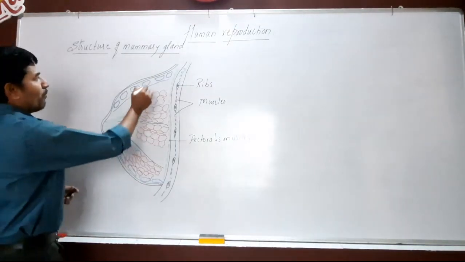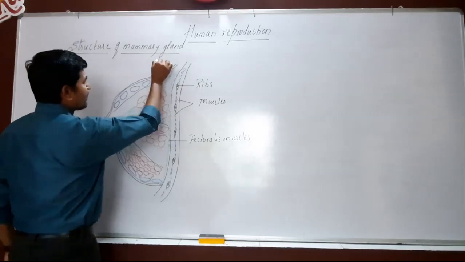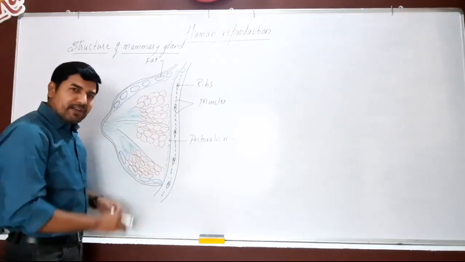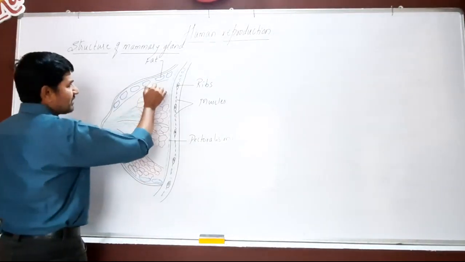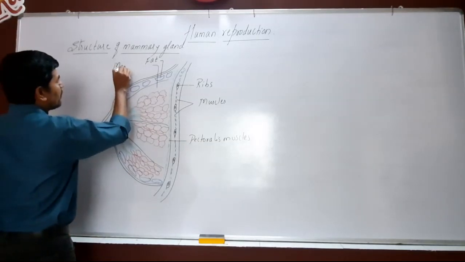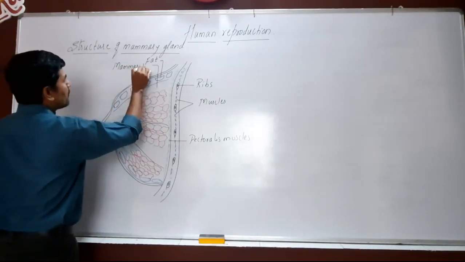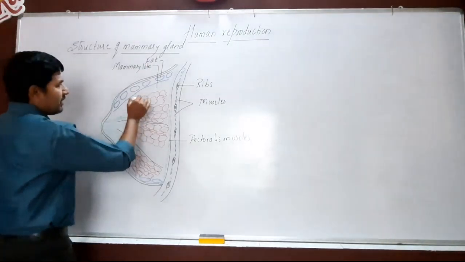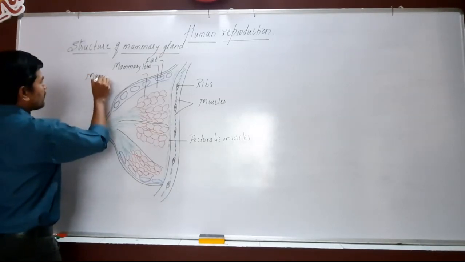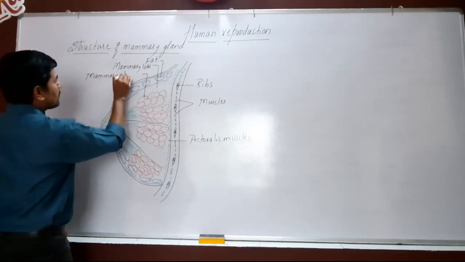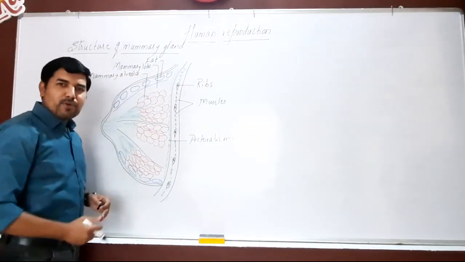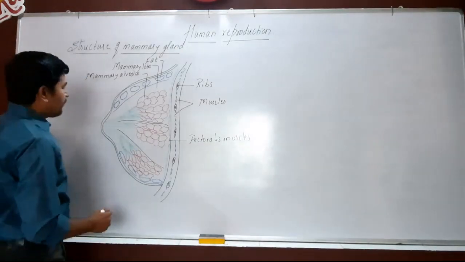Okay, now this is the fat, which is also termed mammary fat, and this is the lobe, which we call a mammary lobe. And these are mammary alveoli. Singular is alveolus, and all together in the plural form we call it alveoli.